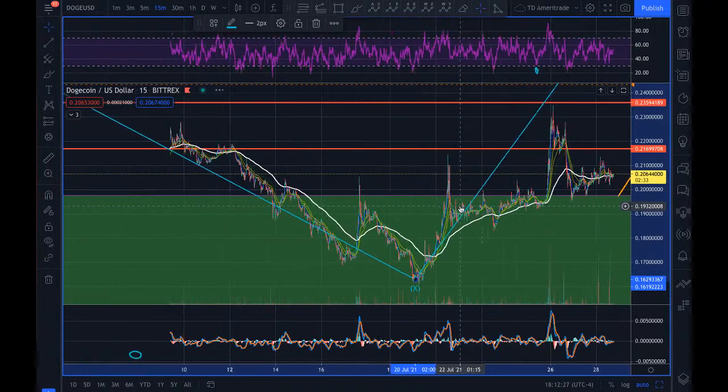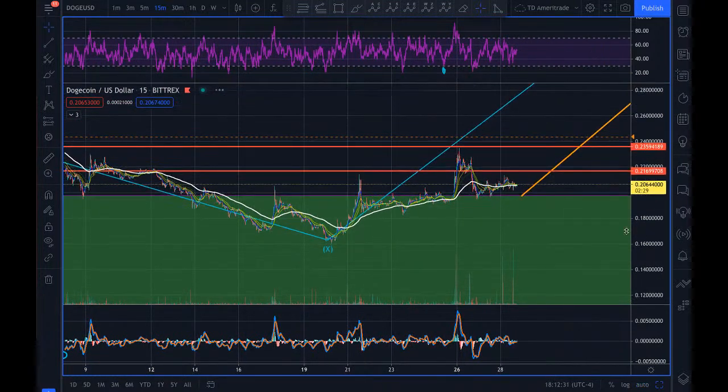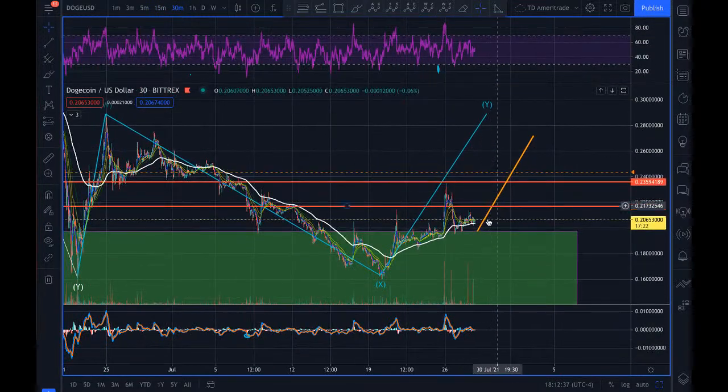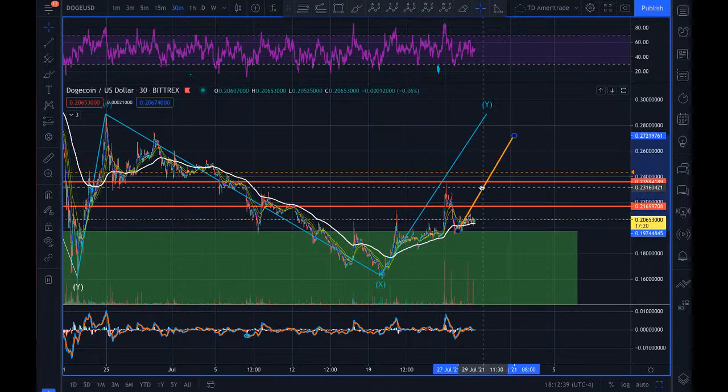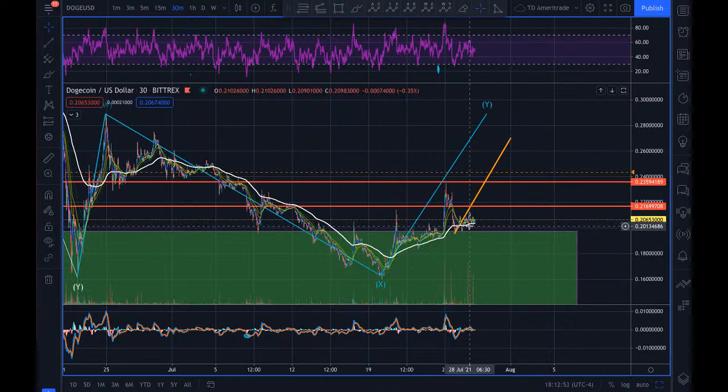But so far it still could make another 3 waves up to this Y line. Something like this. It's what I had drawn a few days ago. So yeah, it might only reach 27, but we'll see if this even happens.